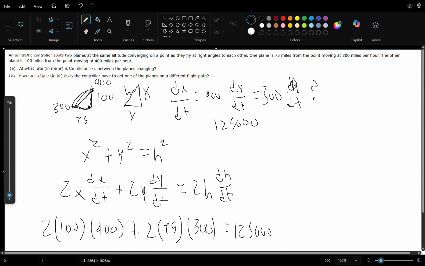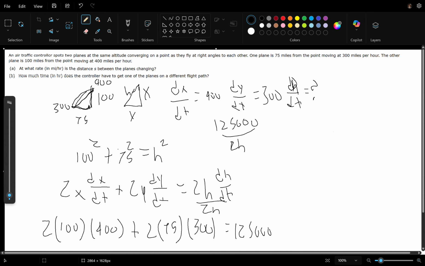We now have to get rid of the 2h, so we divide by 2h, and so it would be 125,000 over 2h. We don't know the h, so that's when we plug in our Pythagorean theorem. Let's erase this. And so x was 100 and y was 75.